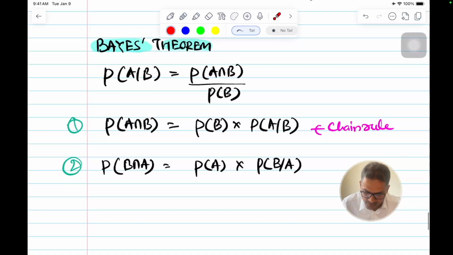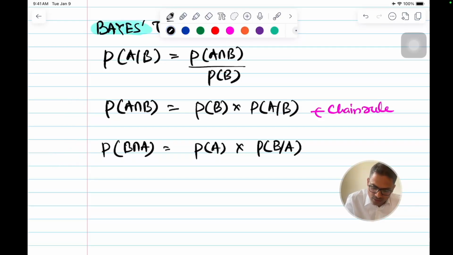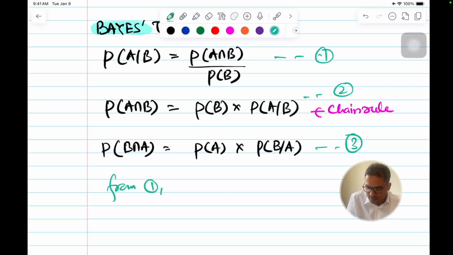Now let's refactor this. Let me write the equations as we do in our maths. So this is my first equation, this is my second equation, this is my third equation. So from 1, 2 and 3, what can we say?